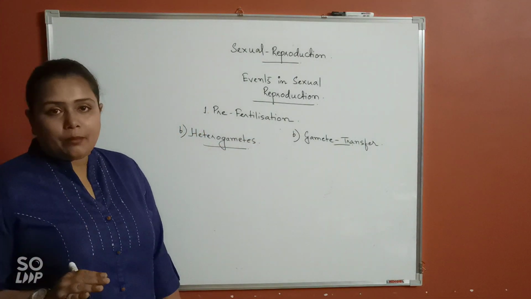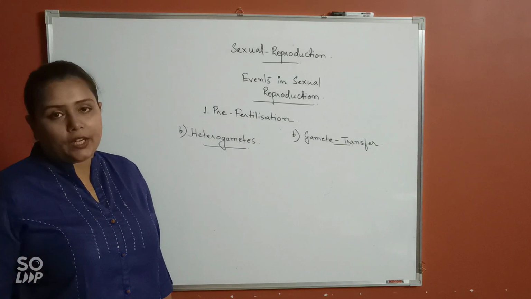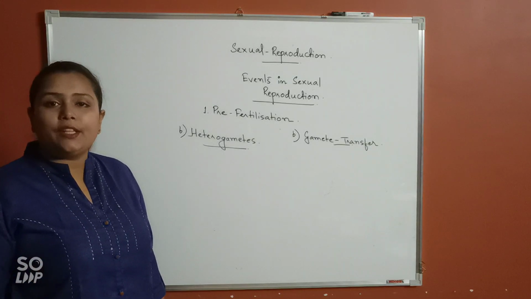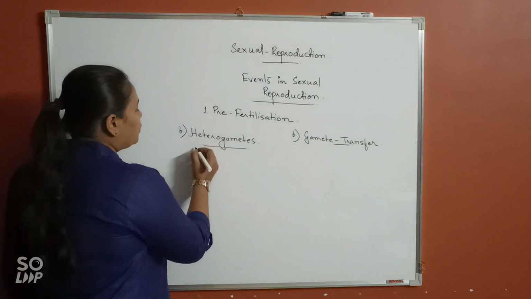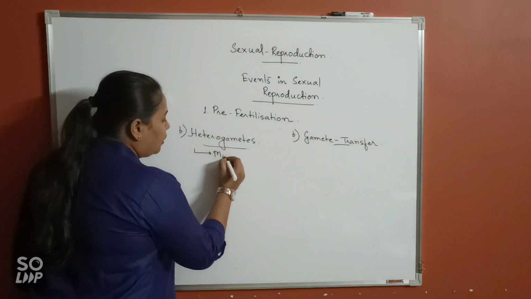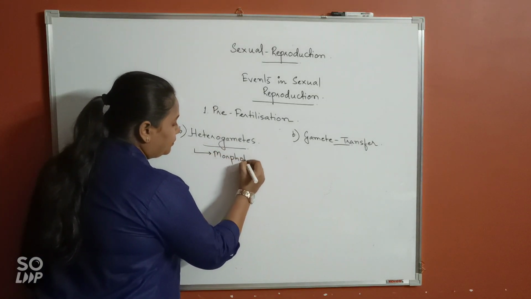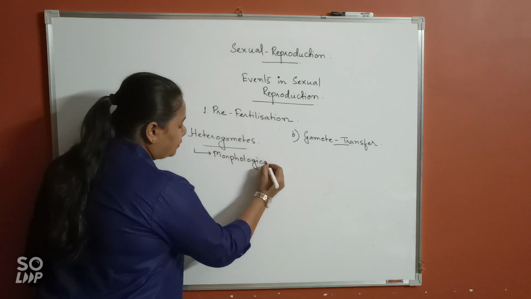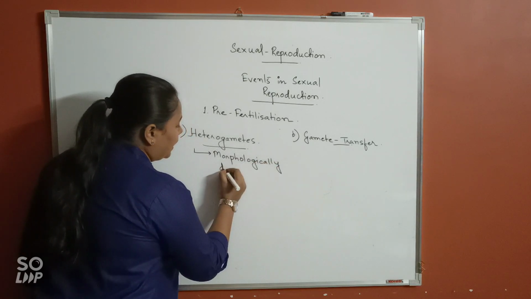If the fusing gametes are dissimilar from one another, then they are known as heterogametes. Alright? So these are morphologically dissimilar.